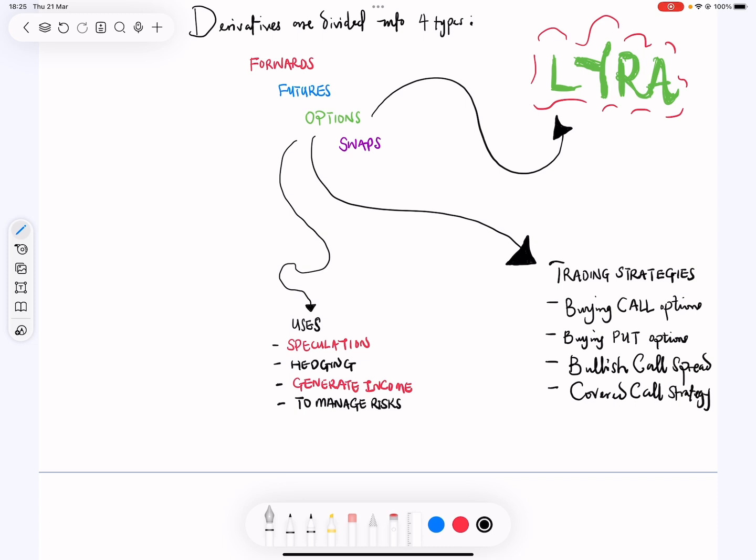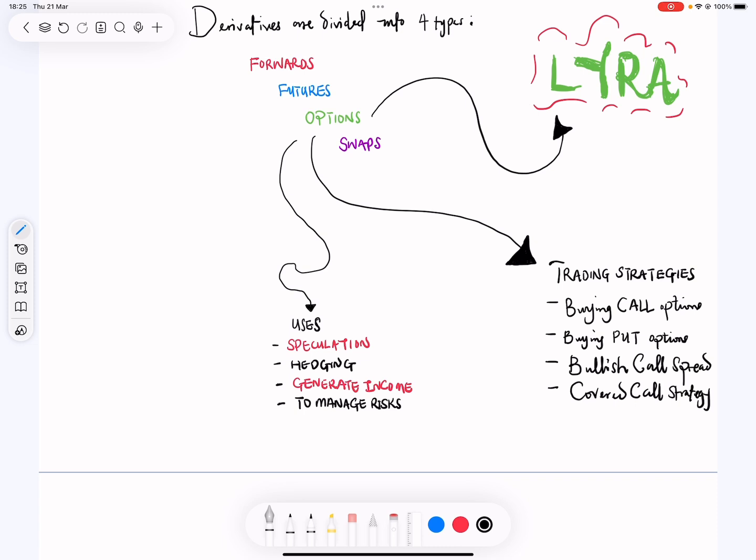So, buying put options. A put option gives you the right to sell an asset at the strike price before the expiry date, just like call options, but the opposite happens. If you buy a put option for ETH, which is now at 3.5, and your strike price is at 3.4, you are predicting it to go lower than 3.4.